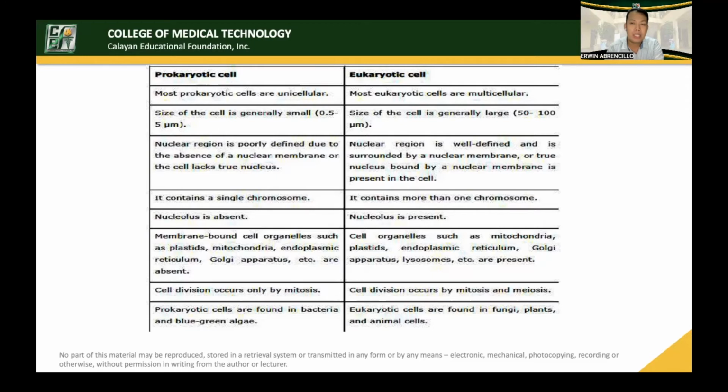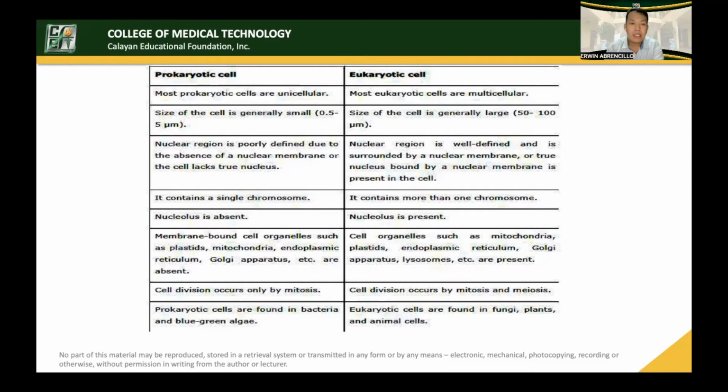That means many kinds of eukaryotic organisms are multicellular organisms, just like humans, mammals, reptiles, and others. The size of the cell is generally small in prokaryotic cell, while it is large in eukaryotic cell. So the eukaryotic cell is larger than the prokaryotic cell.